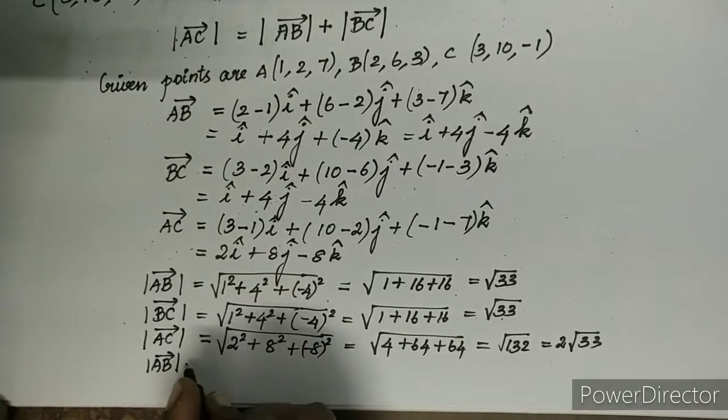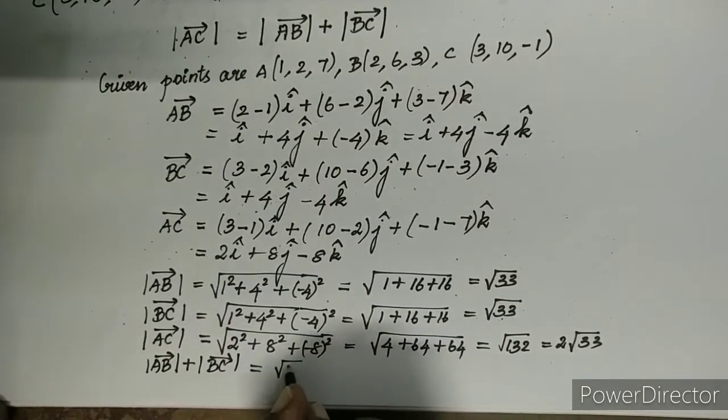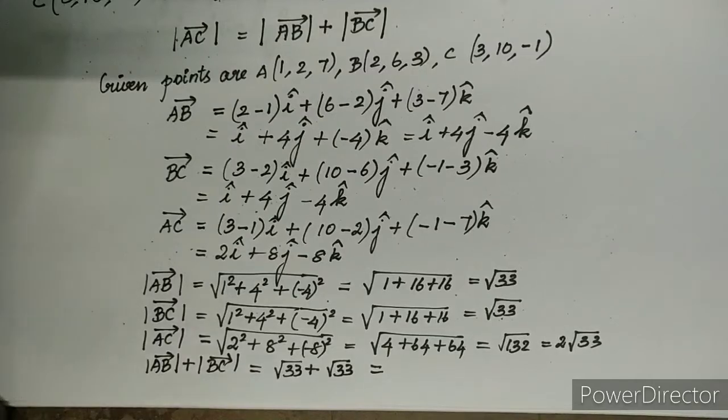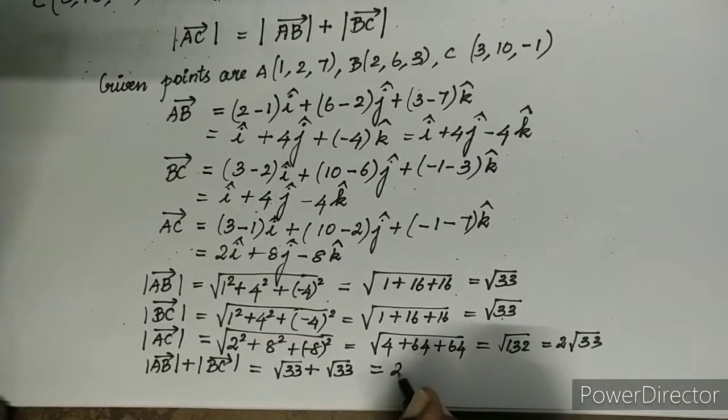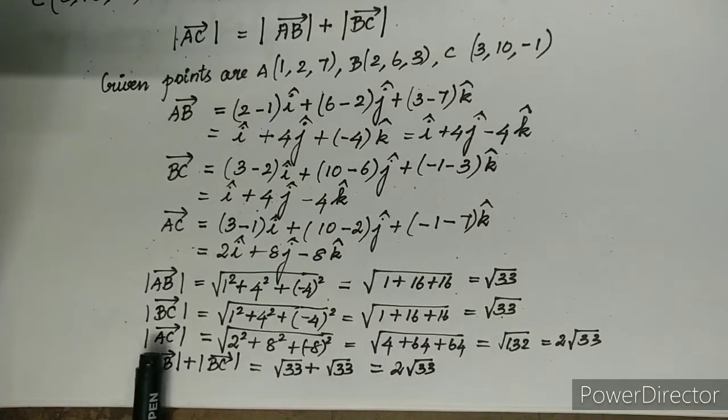Magnitude of AB vector plus magnitude of BC vector is equal to root 33 plus root 33. Root 33 plus root 33 is 2 root 33. So if you observe, magnitude of AC vector is also 2 root 33.